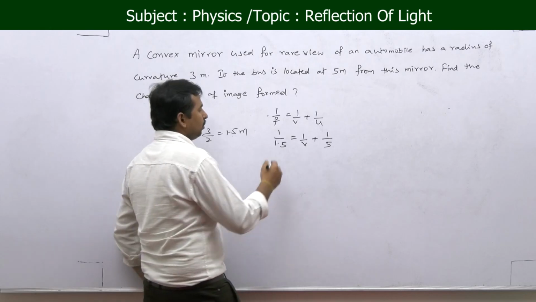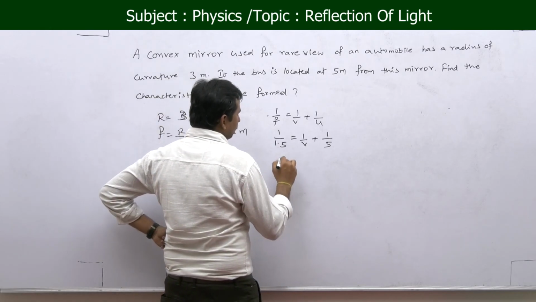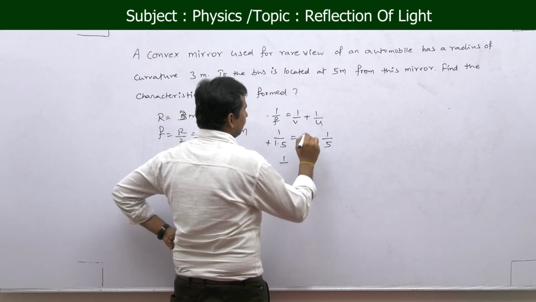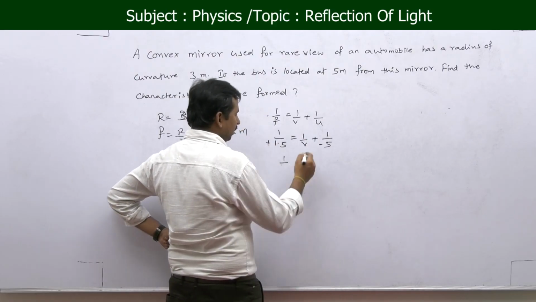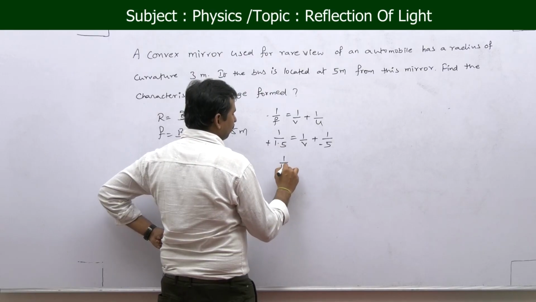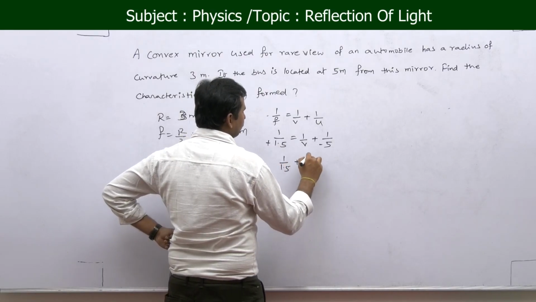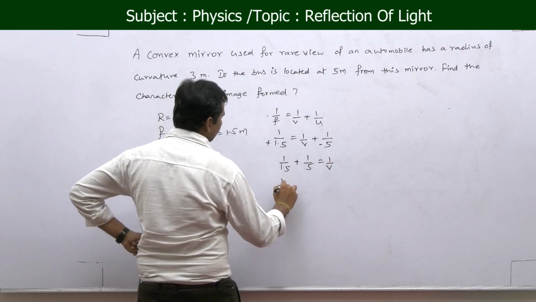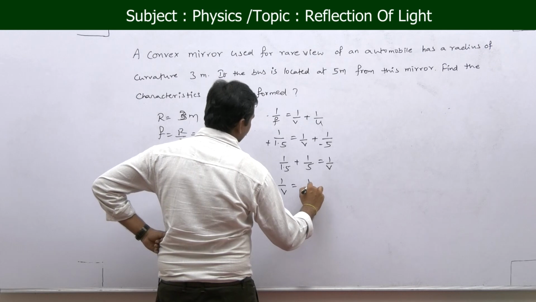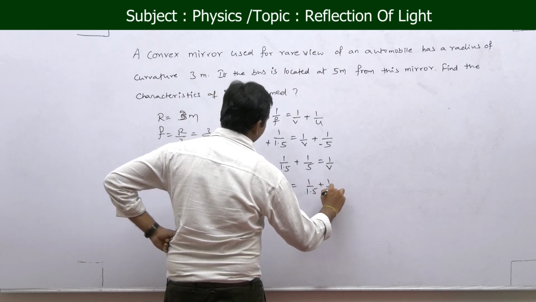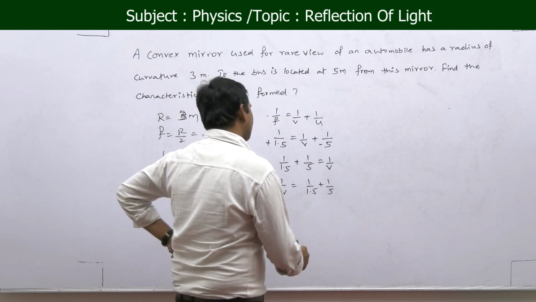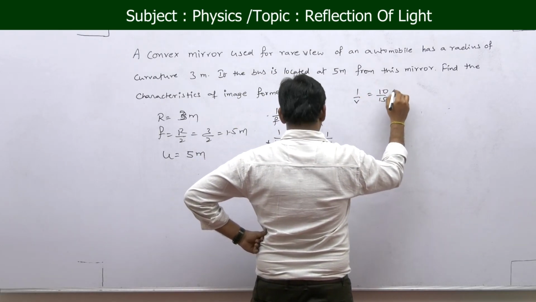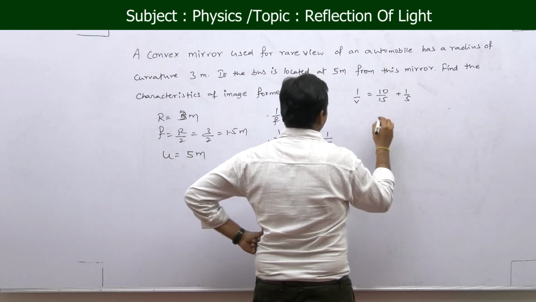Then if you apply the sign convention, the focal length is positive for convex and the object distance is negative. Bring that minus to this side. Then 1 by v is equal to 1 by 1.5 plus 1 by 5. We can write 1 by 1.5 as 10 by 15, plus 1 by 5.